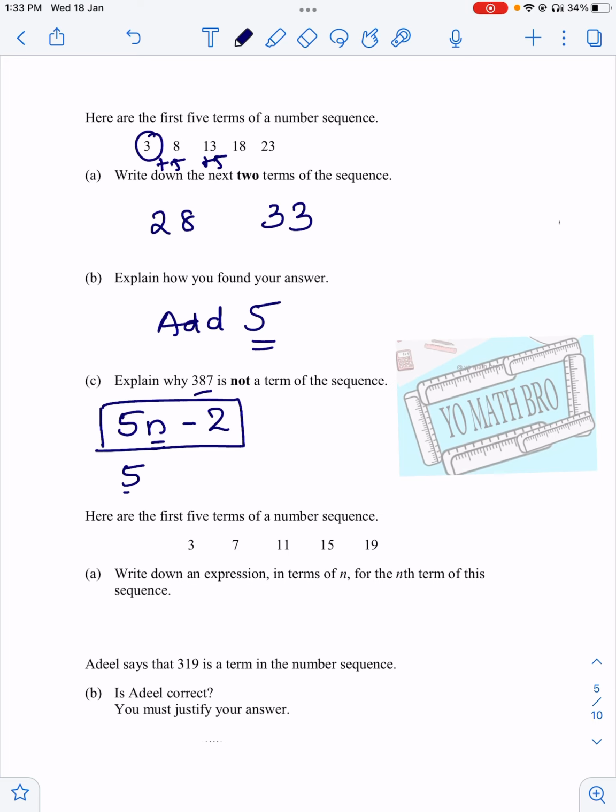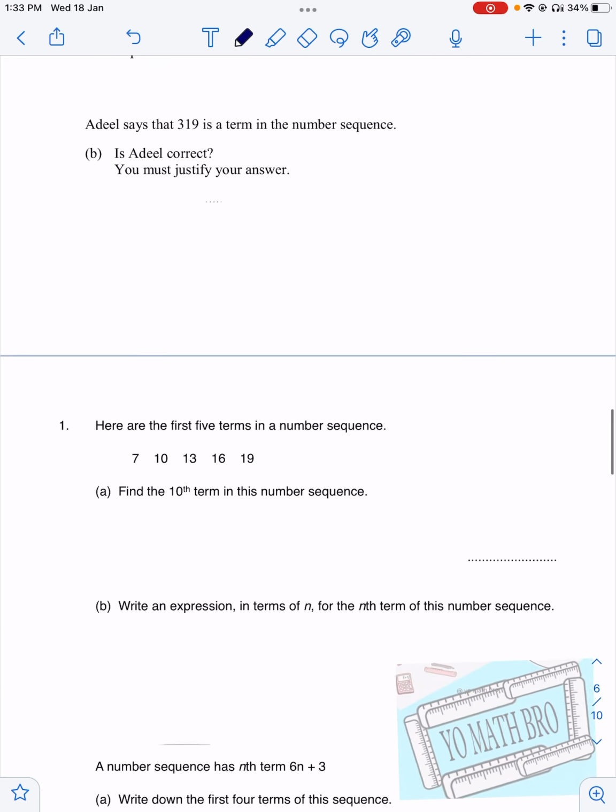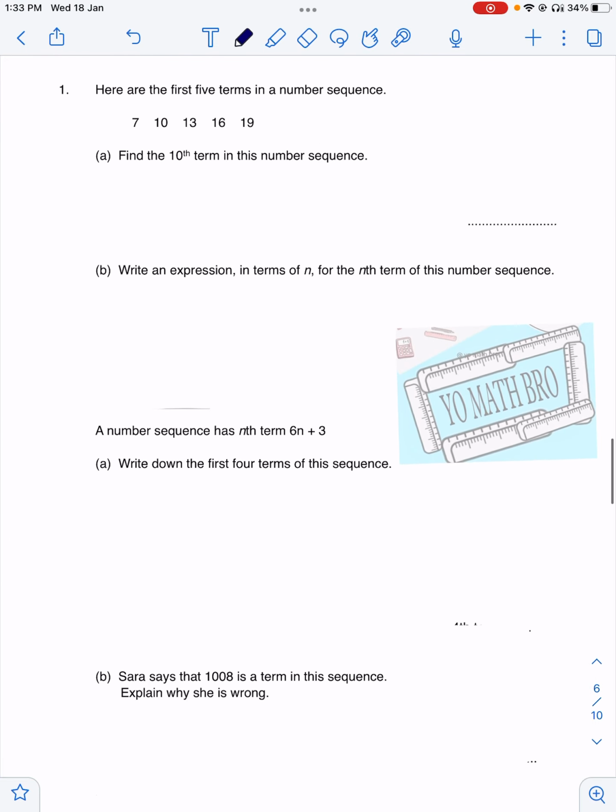Okay, in the same manner, I want you all to try this sum. Next, the first 5 terms, you can see the difference is plus 3, plus 3, plus 3. They are asking us to find the 10th term, but before the 10th term, I need to find the expression. I told you, what is the difference? 3, multiply by n, so I get 3n.